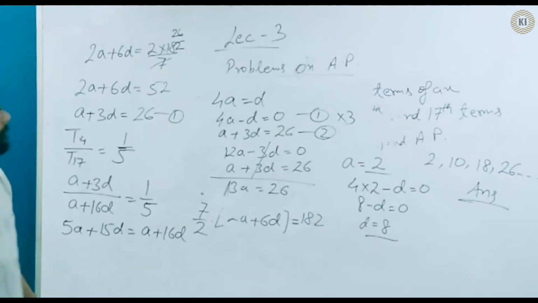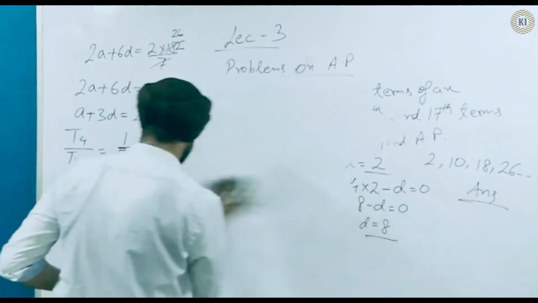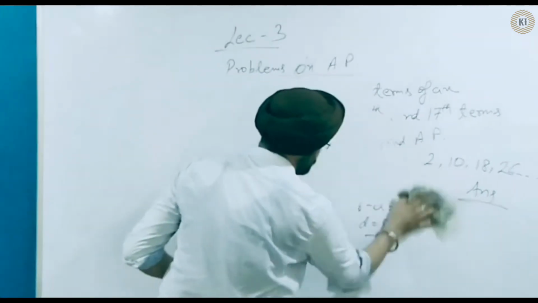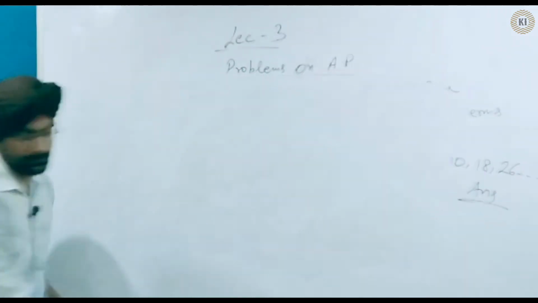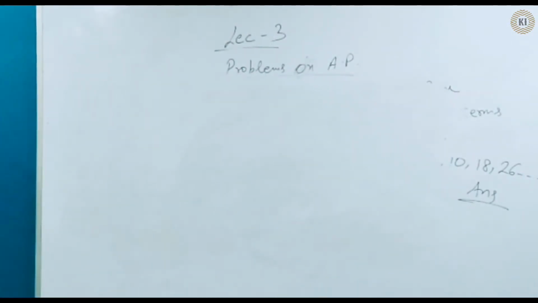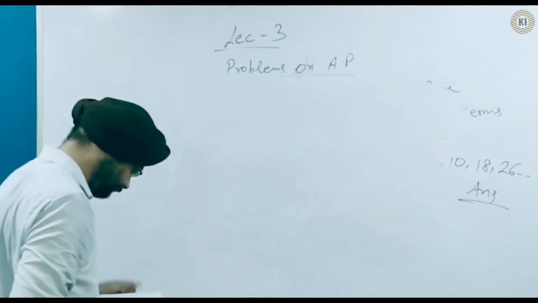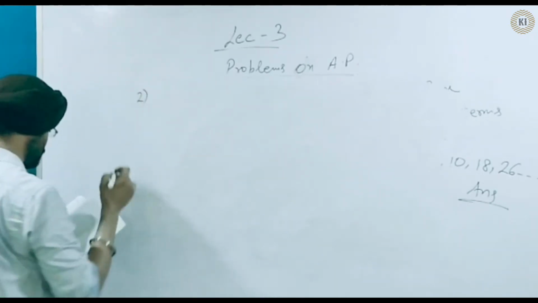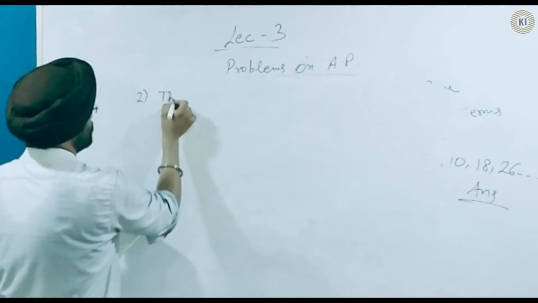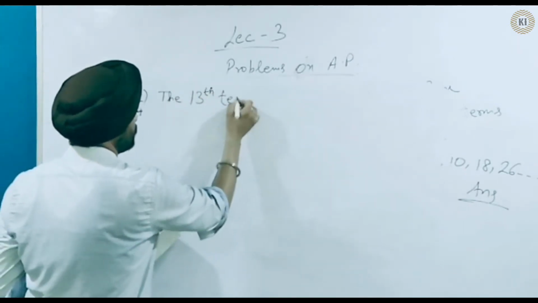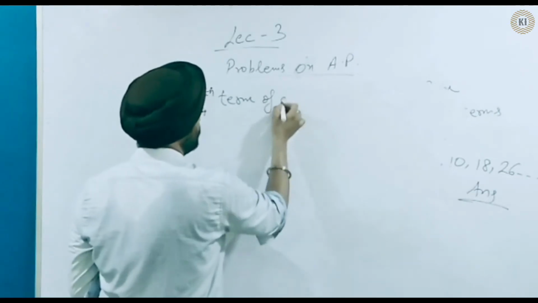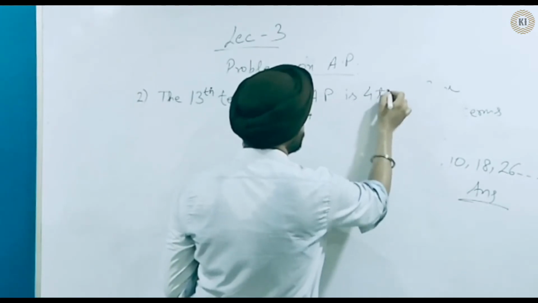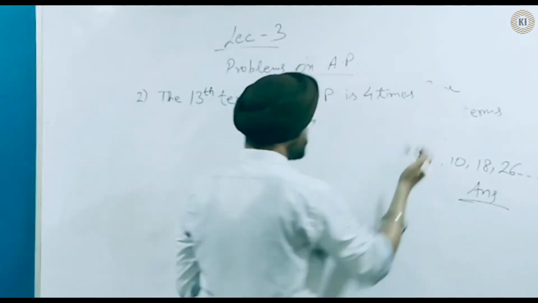Now see the second question. The 13th term of an AP is 4 times its third term.